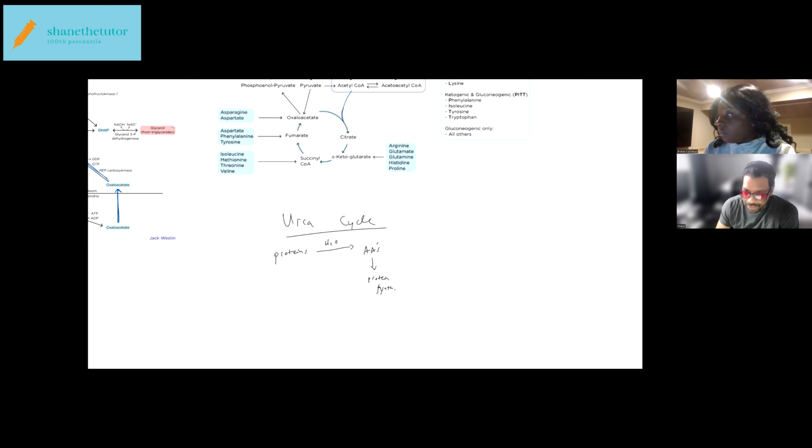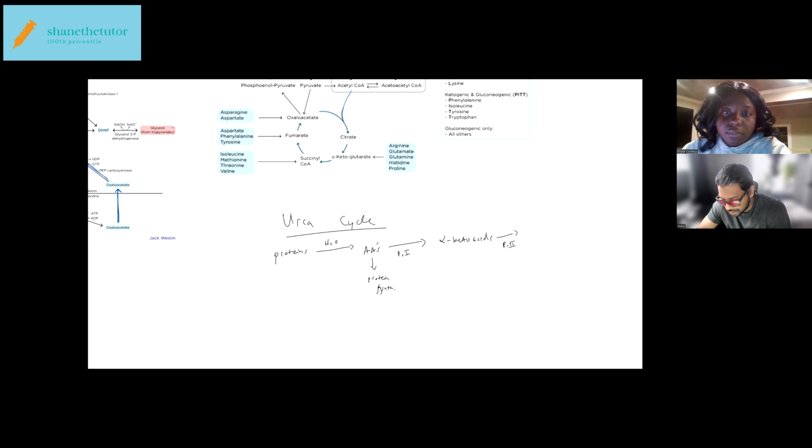But the amino acids, I'll do a condensed one here. There's phase one where they turn into alpha-keto acids. And then there's phase two in which they turn into Krebs cycle intermediates.